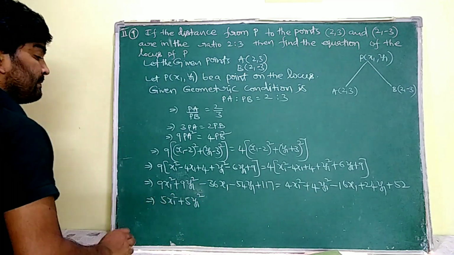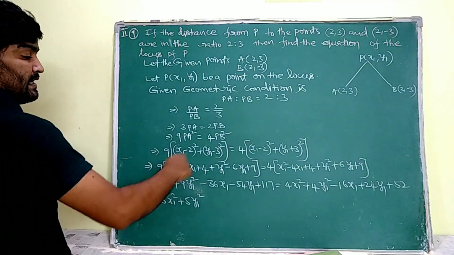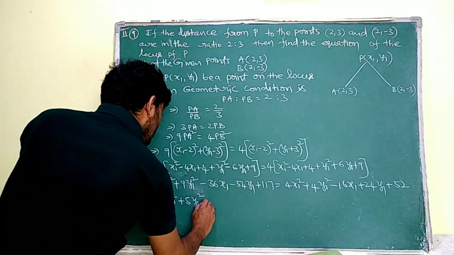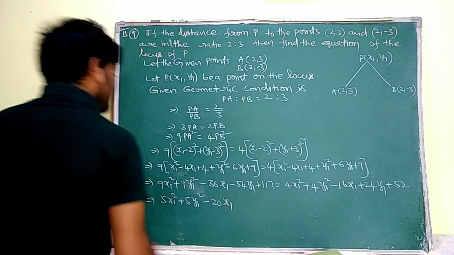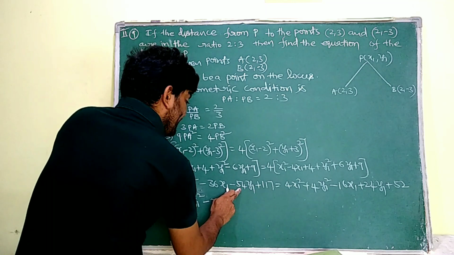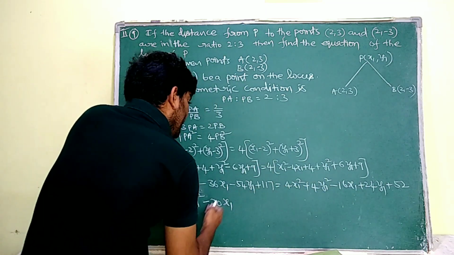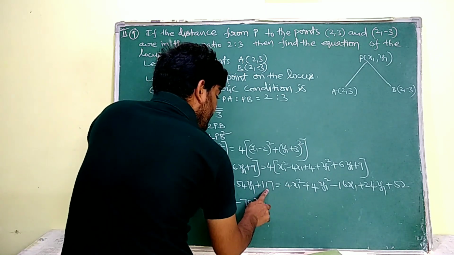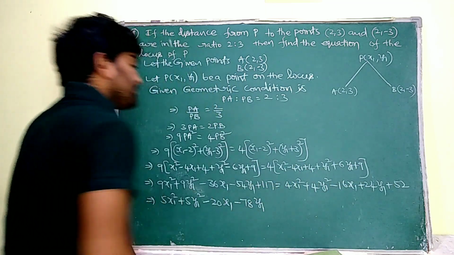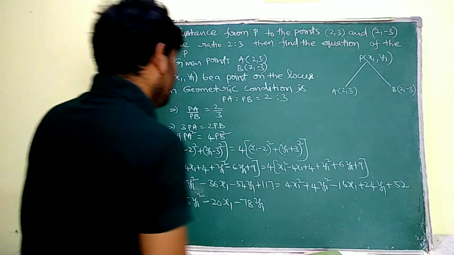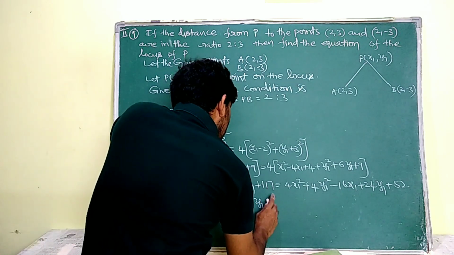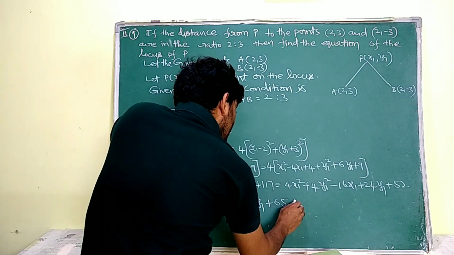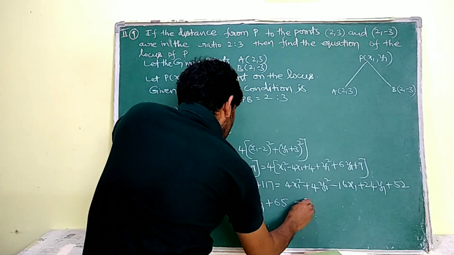See, it is minus 16x1, now by transferring to the left hand side that becomes plus 16x1. That is minus 20x1 here. Here it is minus 54y1, now this becomes minus 24, that is minus 78y1. Here we have 117, so this 52 comes and becomes minus 52. Then here we have 65, is equal to 0.